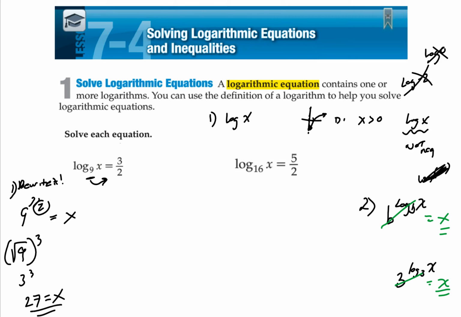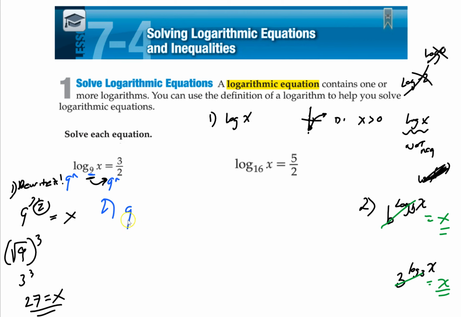But now there's actually a little faster way. I'm going to do that next. So way 2 is we're going to use that second rule here. See how 9 is my base? We're going to take 9 to the base of both sides. Let me show you what that looks like. When you're showing your work, you just take 9 to both sides and then stuff cancels out.